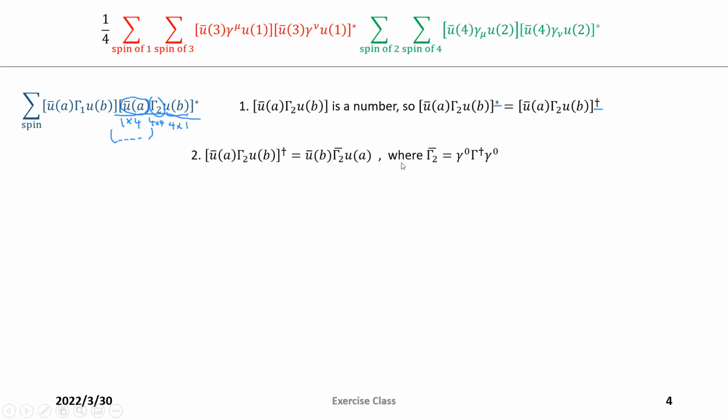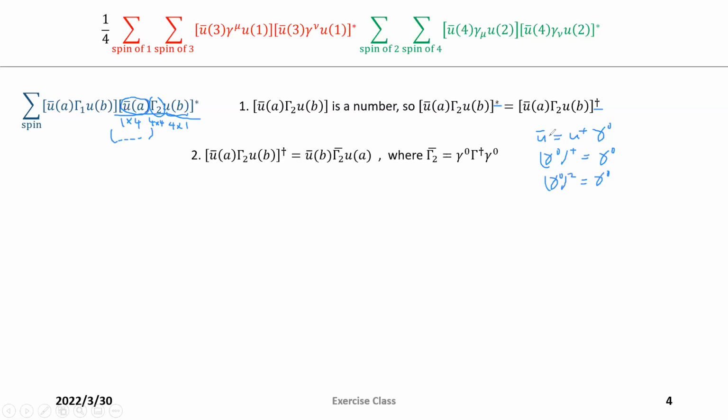And the second step is to simplify this dagger, and you can prove it yourself easily. You just have to use ū equals u† γ⁰, and γ⁰ dagger is γ⁰, and also (γ⁰) squared equals the identity.